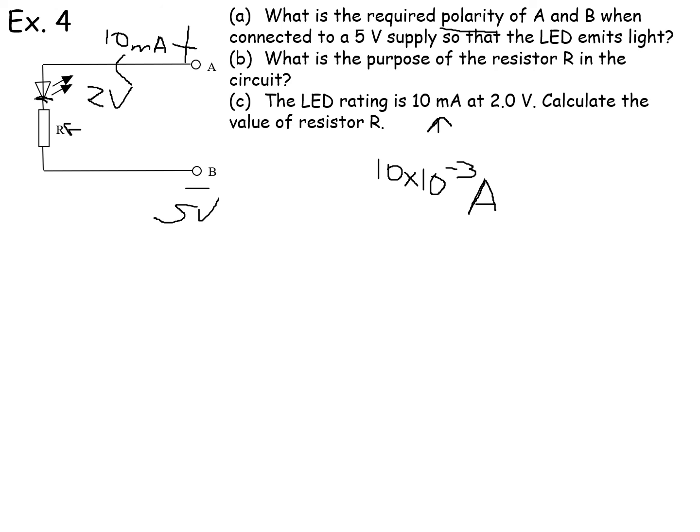How can we find the value of the resistor? R is our unknown, so I usually write down the symbol and a question mark to remind myself what I'm trying to find. We know there must be a current going through it, and because it's in series, it must be 10 milliamps, or 10 times 10 to the minus 3.